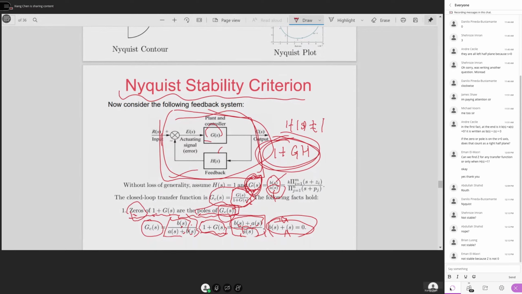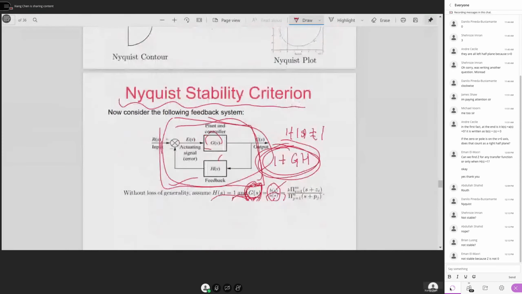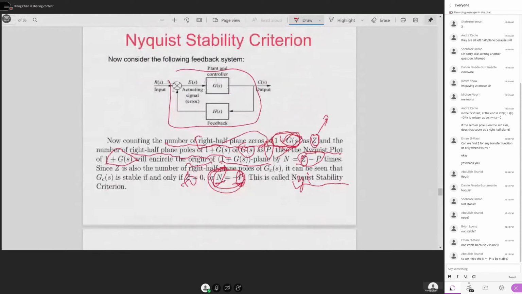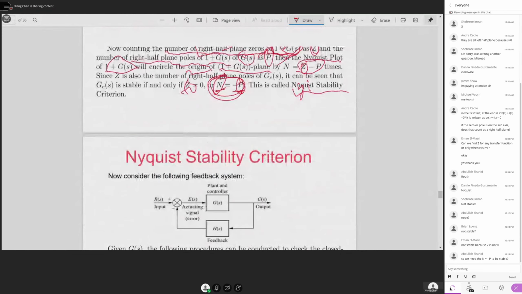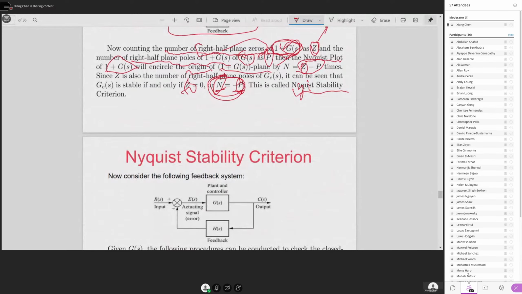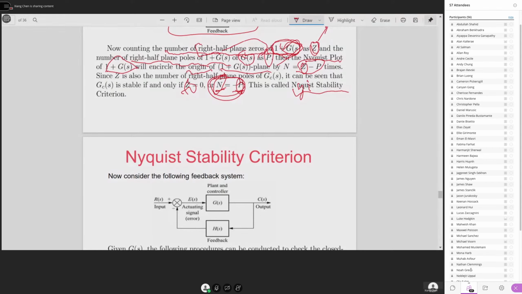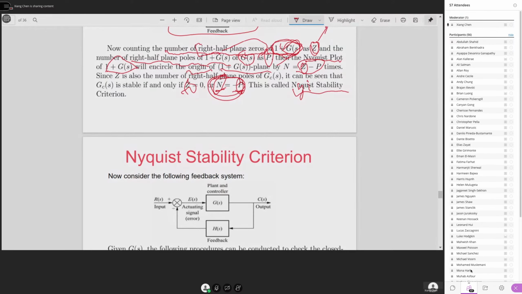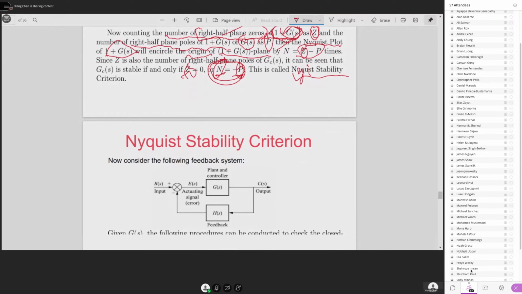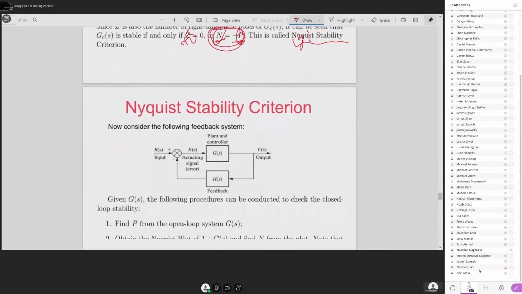This is a really nice criterion. Any other questions? That is the condition that should be satisfied for the closed loop system to be stable.